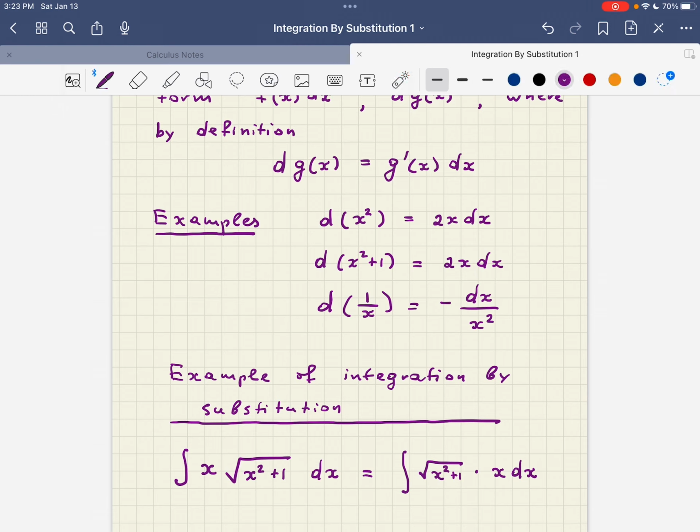So here I can write that x dx equals 1/2 differential of x squared plus 1. And now we can rewrite the entire integral as follows.